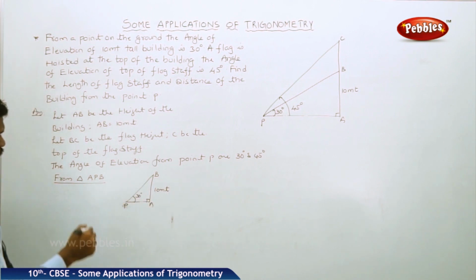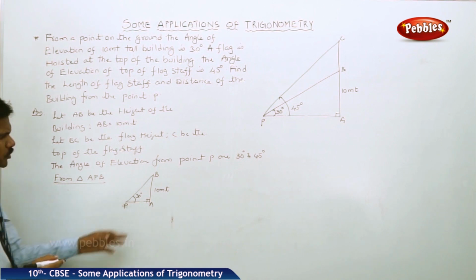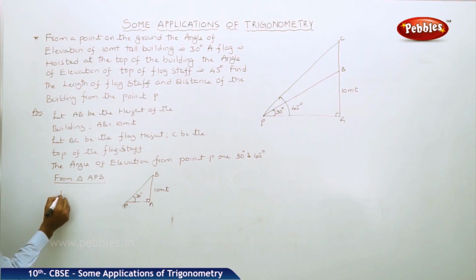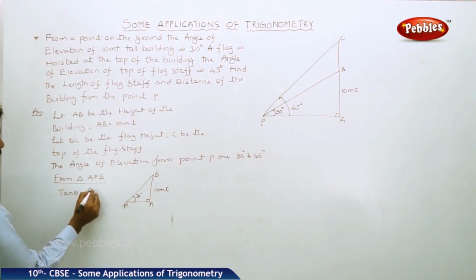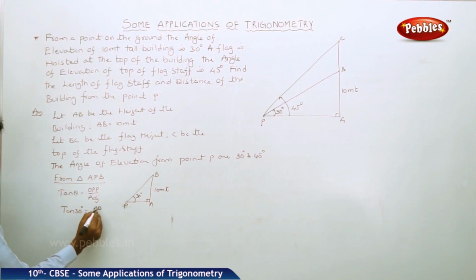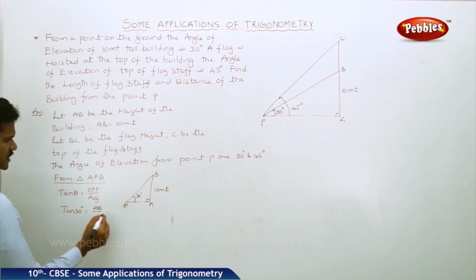Now here we know the opposite side. tan theta is equal to opposite by adjacent, that is, tan 30 degrees is equal to opposite, AB, by adjacent side, AP.